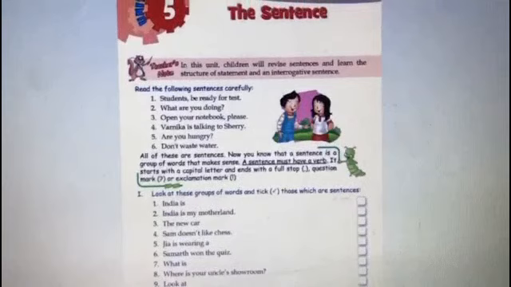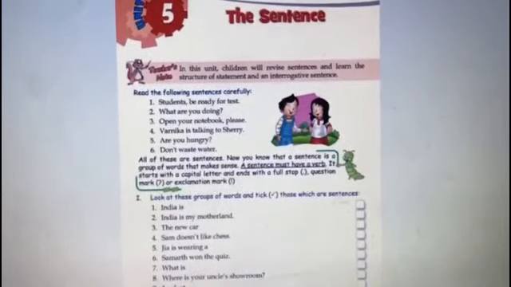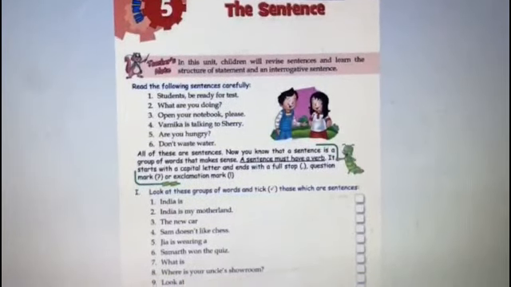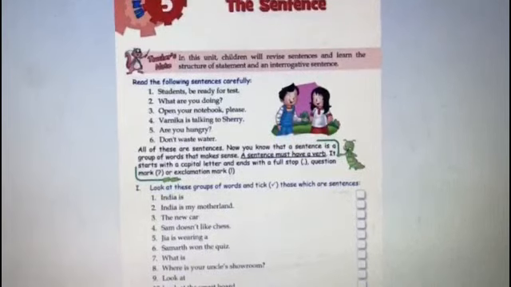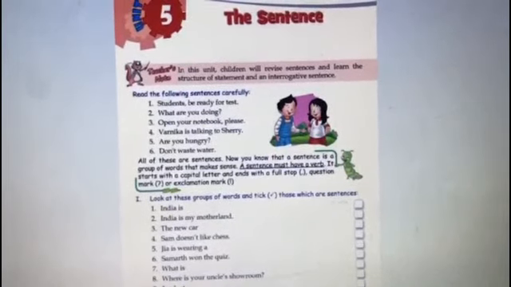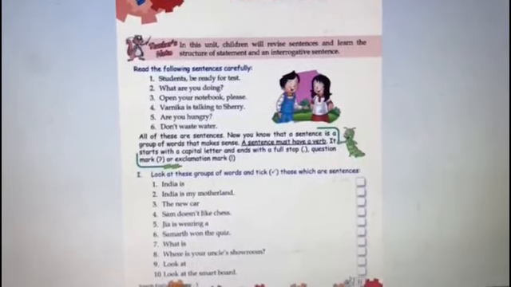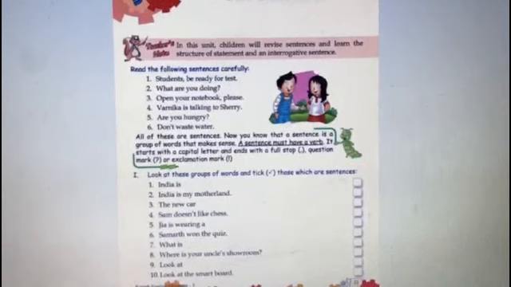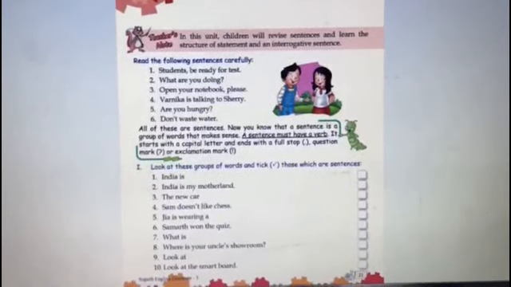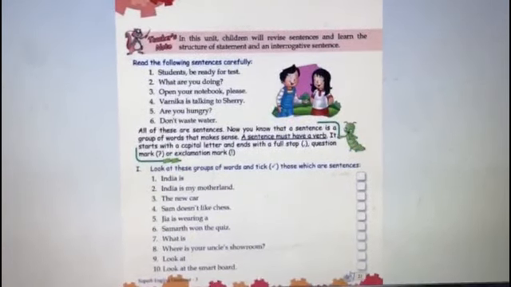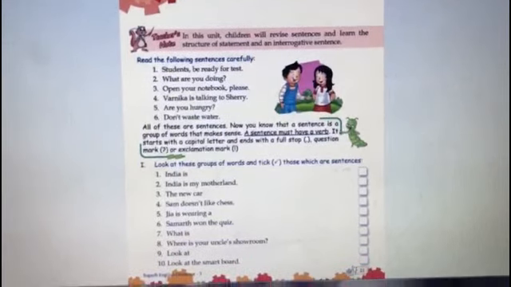Verb एक क्रिया है. जो हम काम करते हैं वो एक verb है. So a sentence should always have a verb. It starts with a capital letter and ends with a full stop. I have already told you, question mark or exclamation mark.